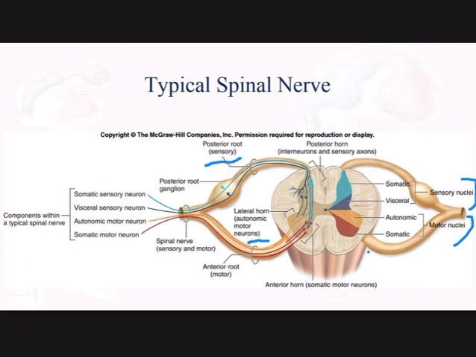So we have the dorsal and we have the ventral. The dorsal is sensory, and the ventral is where the motor neurons are located. We're not going to talk about how they actually develop, because I think we have a complete lecture about neuron development.